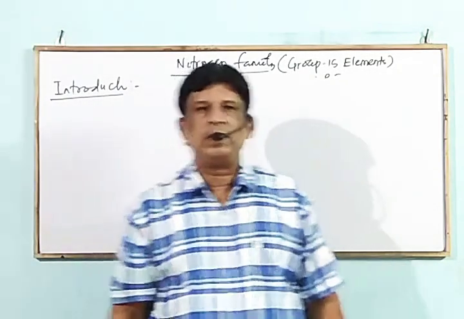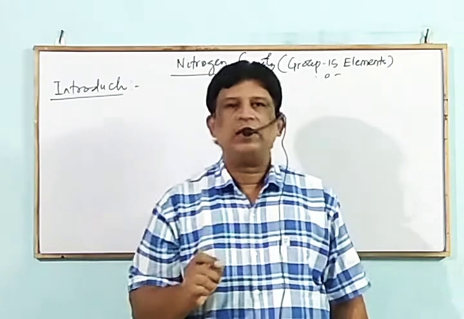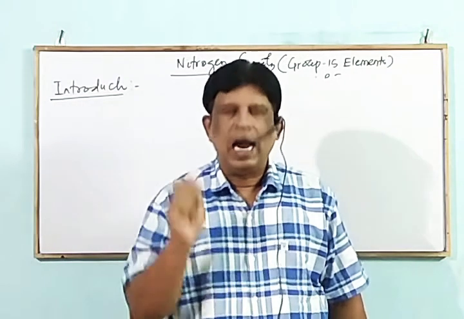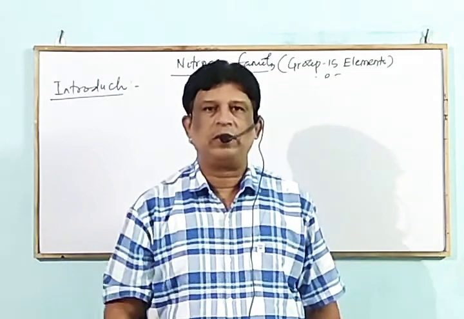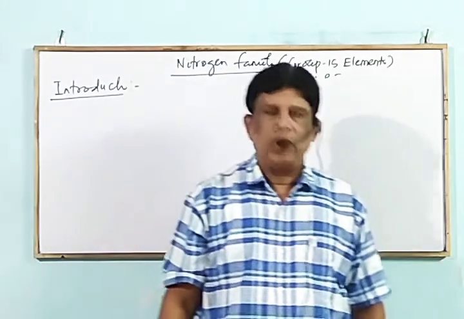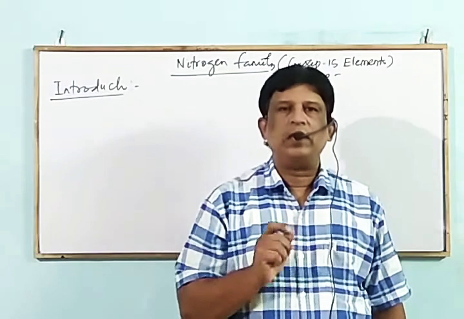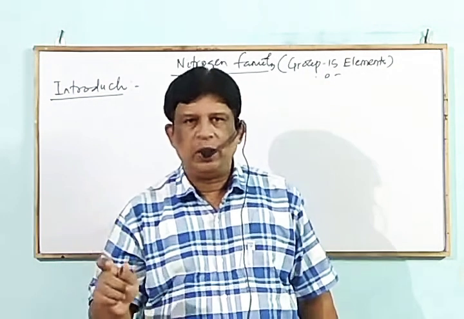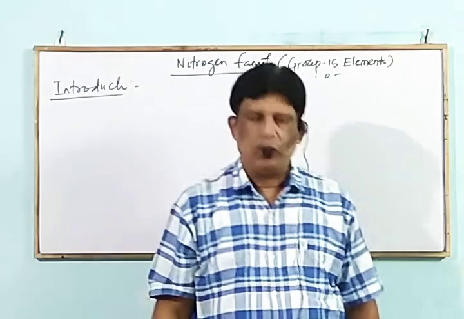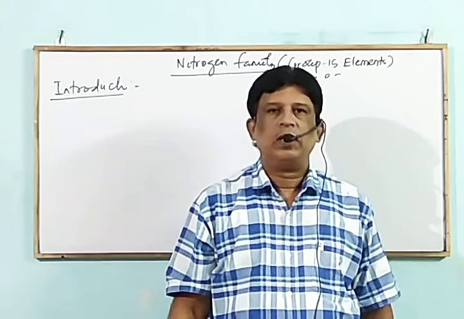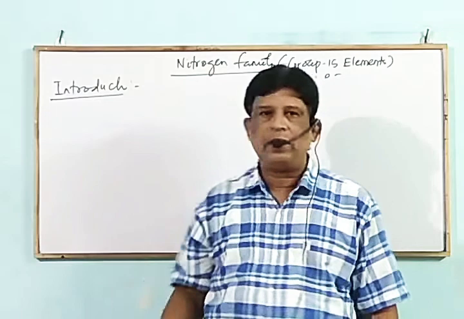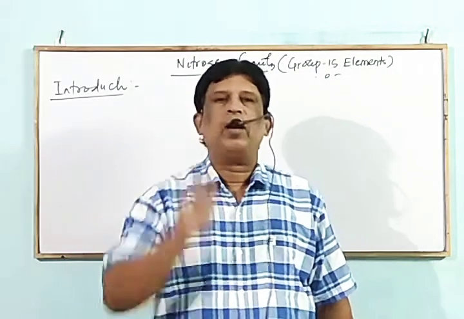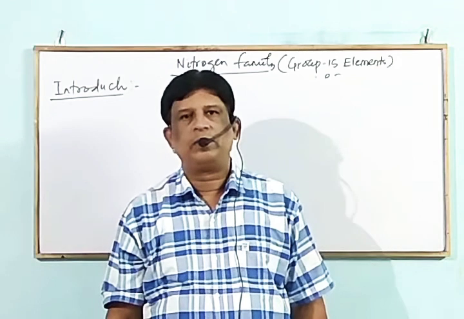The elements nitrogen, phosphorus, arsenic, antimony and bismuth. I repeat again. The elements nitrogen, phosphorus, arsenic, antimony and bismuth constitute the group 15 element or fifth A of the periodic table.